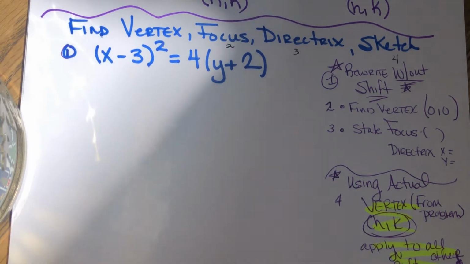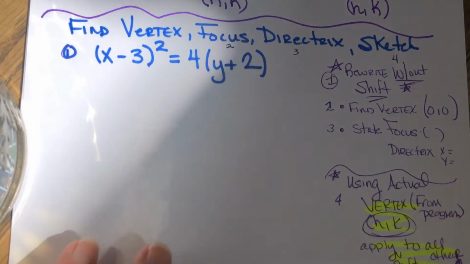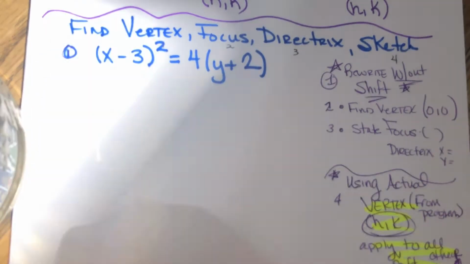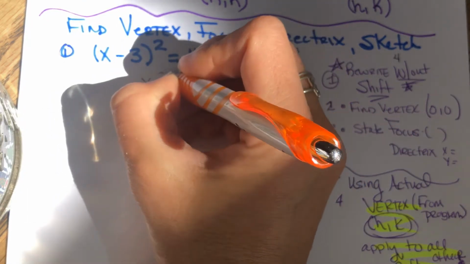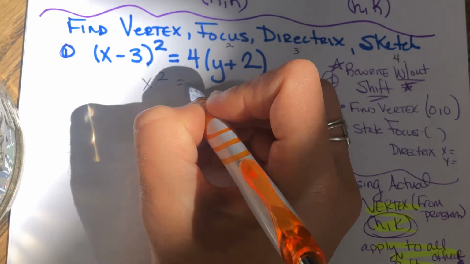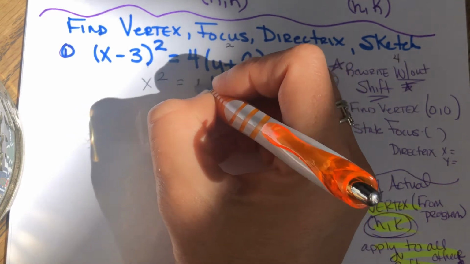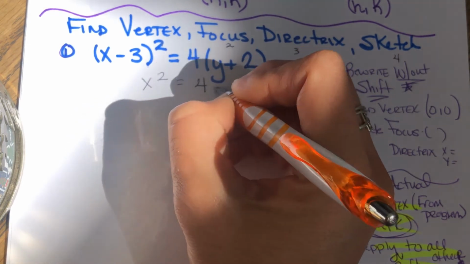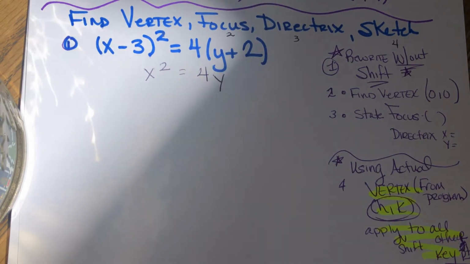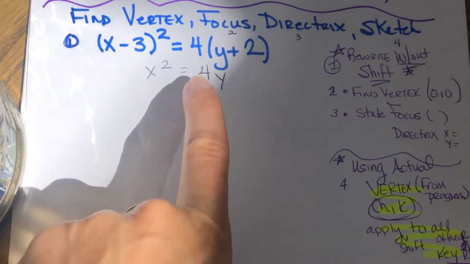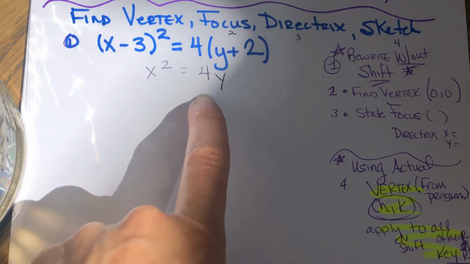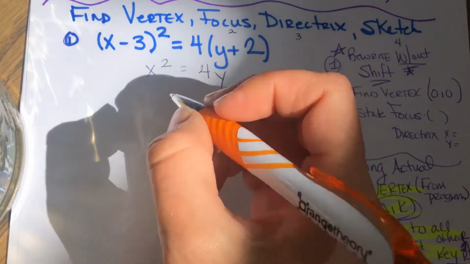So let's rewrite this as if it wasn't a shift. If it wasn't a shift, we all know it would be x squared equals 4y. Correct? That is without the shift, exactly what we did yesterday.